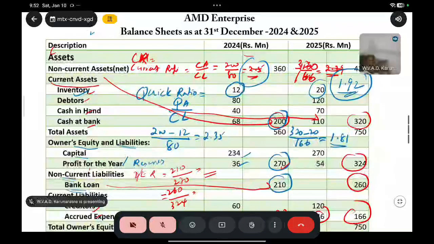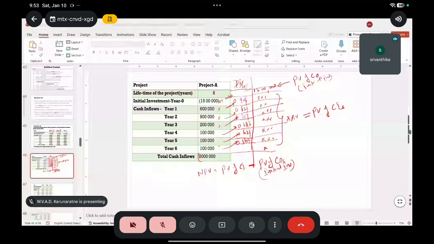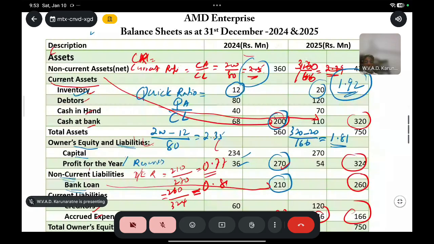Actually, we can measure the financial risk through this ratio. This value is 0.77. Am I correct? Yes. Next one is 0.80. Right?